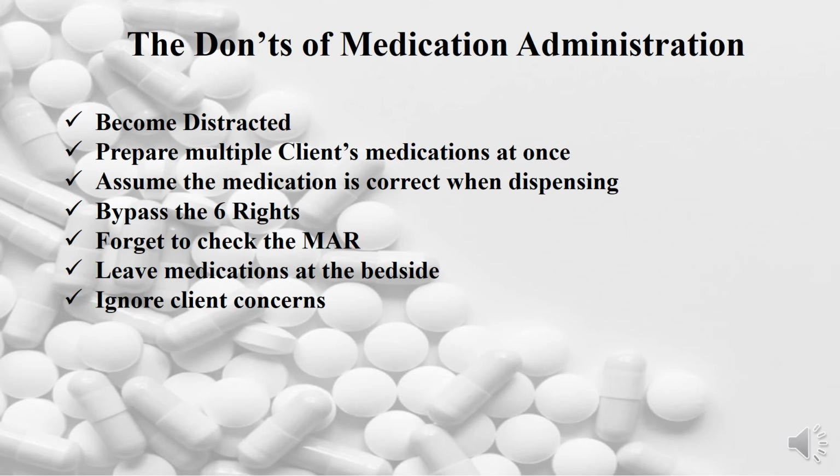A lot of times there's a reason that they should not be taking that medication. Perhaps there's a contraindication for that medication because of the other medications they are taking, and their provider is unaware of their other medications, and so they prescribe that medication anyway. You as the nurse are responsible for recognizing these certain things. You're responsible for recognizing that it's the appropriate, safe medication for your patient.